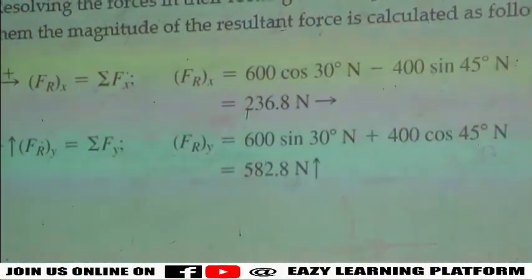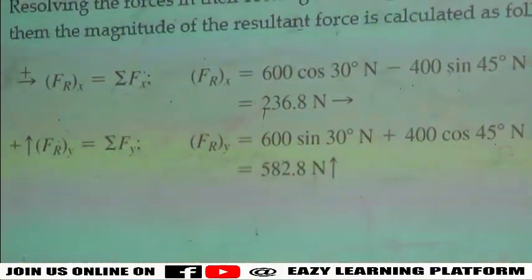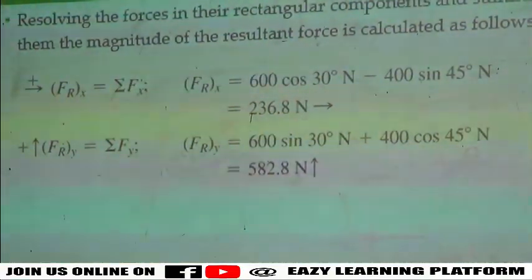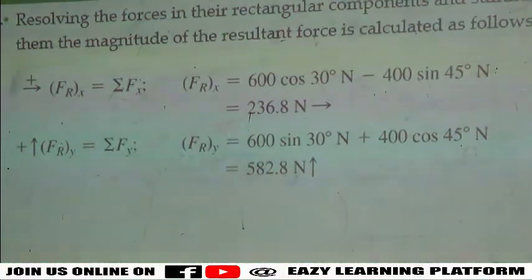Now when we sum forces also in the Y after resolving the forces into the X and Y components, we get 600 sine 30 plus 400 cos 45, and the summation of forces in the Y direction will give us 582.8.